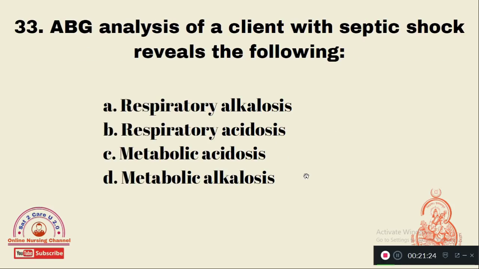Question number 33. ABG analysis of a client with septic shock reveals the following. Option A, respiratory alkalosis, B, respiratory acidosis, option C, metabolic acidosis, and D, metabolic alkalosis. So ABG analysis in a client with septic shock shows that the client is having respiratory alkalosis.